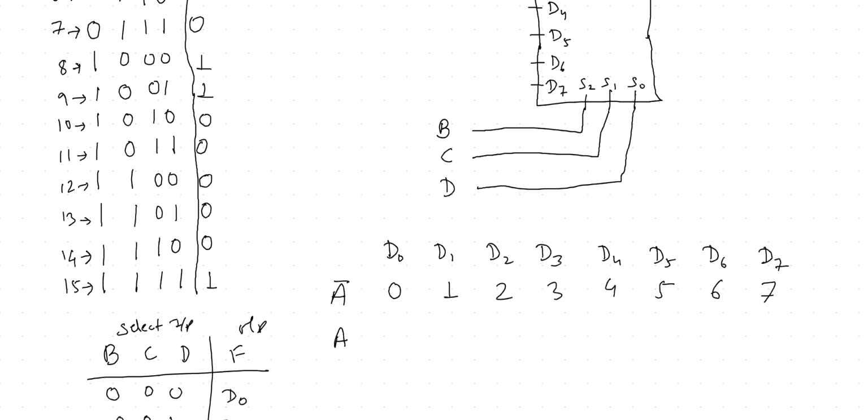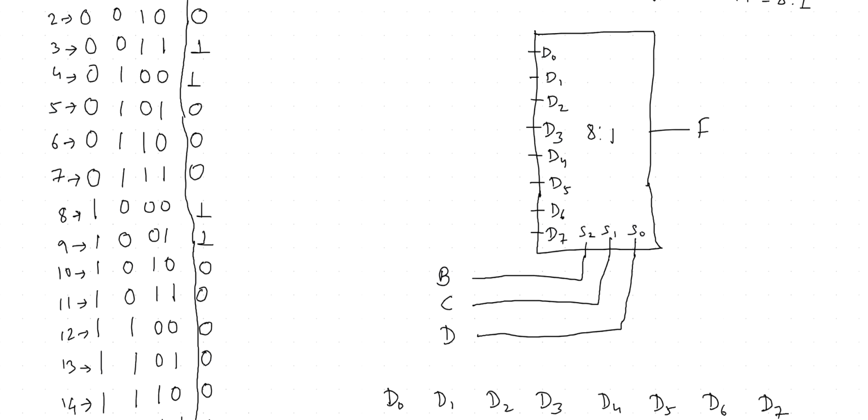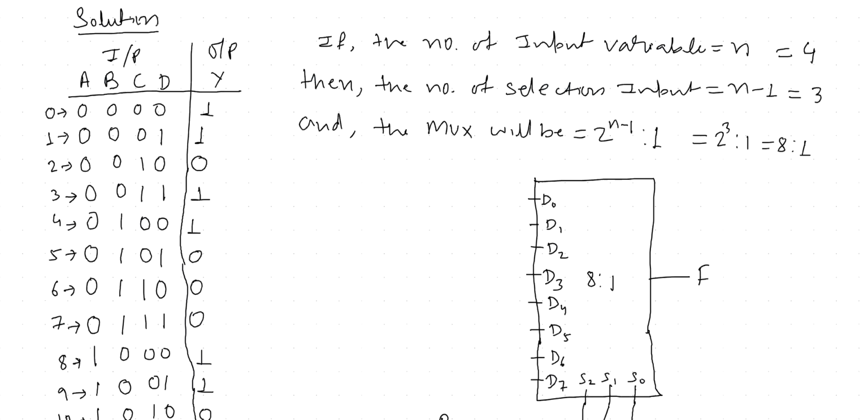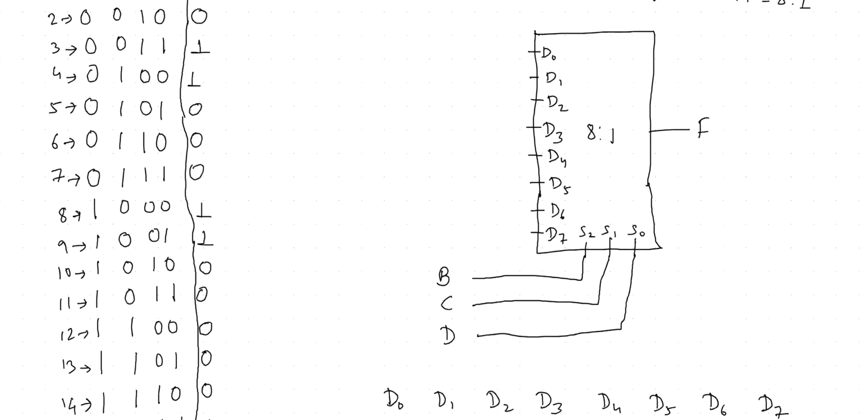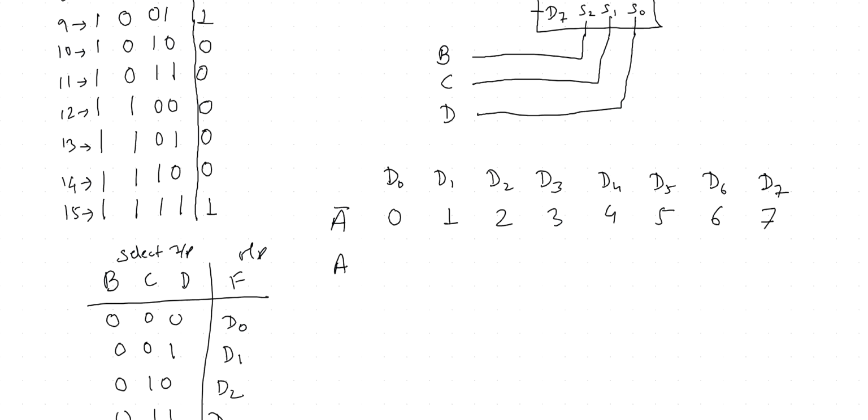So we can see from position 0 to 7, the A value is 0, which means A bar.